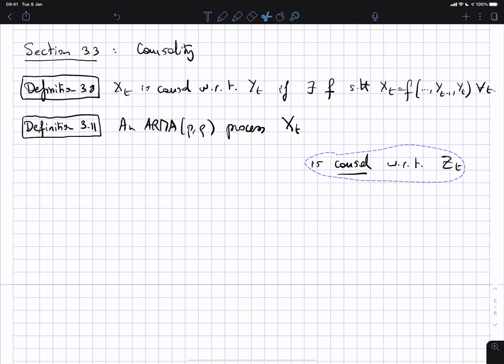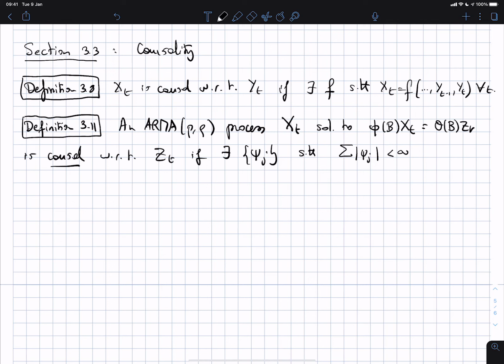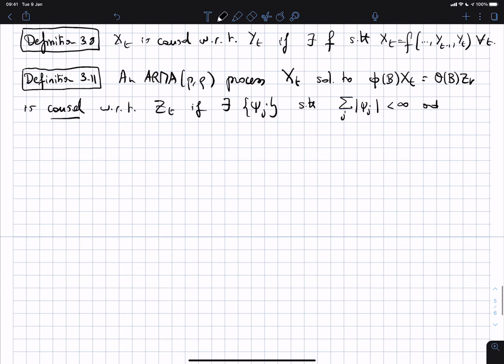Maybe that's not very well written. So an ARMA process xt, which is solution to phi of B xt equals theta of B zt, is causal with respect to zt if there exists a sequence of coefficients psi j such that, first of all, we have a summability condition, which will play a role in the rest of the course, and xt is a linear process in terms of the zt's.